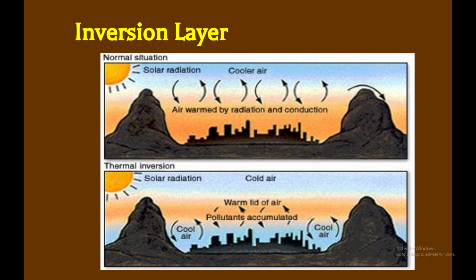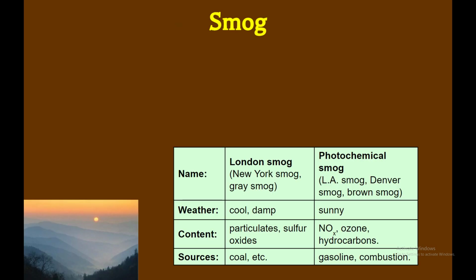And in the bottom, it's a thermal inversion where there's a warm lid of air that traps all of the pollutants and everything in there, and they can't rise up and get out of that warm layer of air, so the pollutants just stay in there and accumulate in the air below the thermal inversion layer, which acts like a lid above the pollutants.